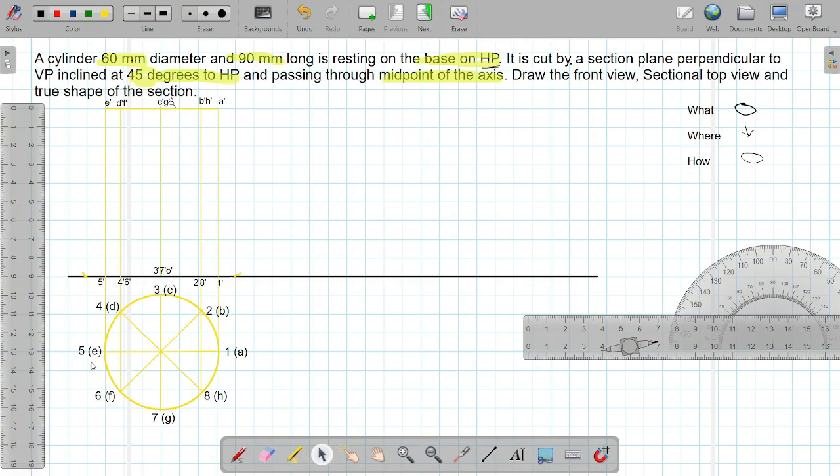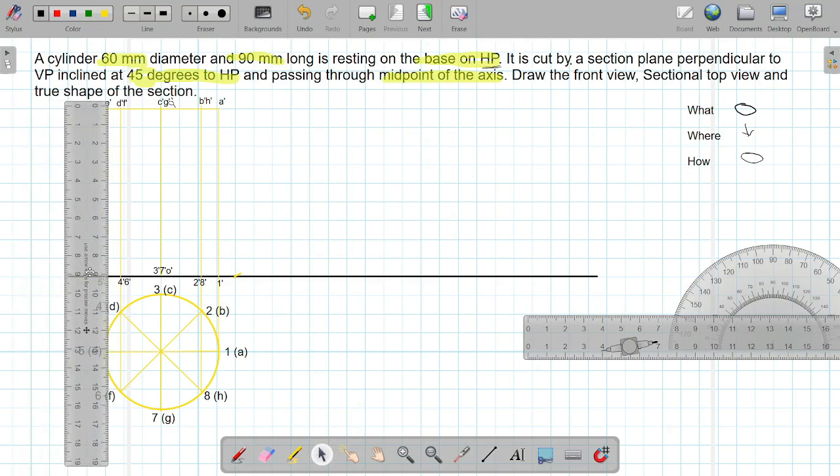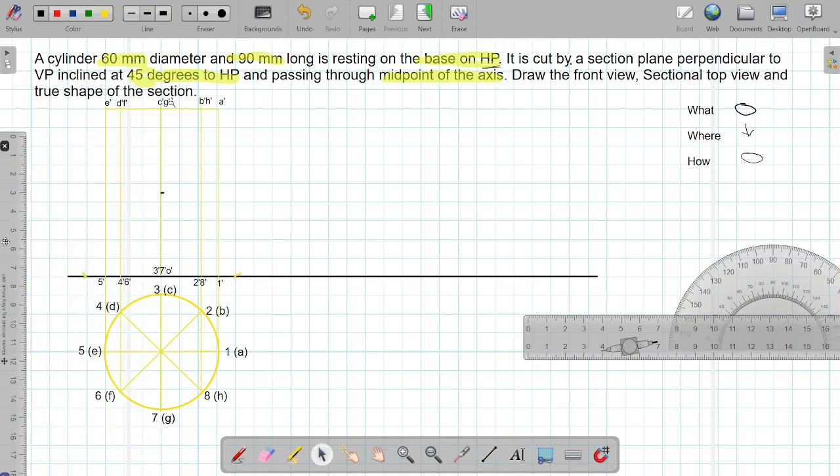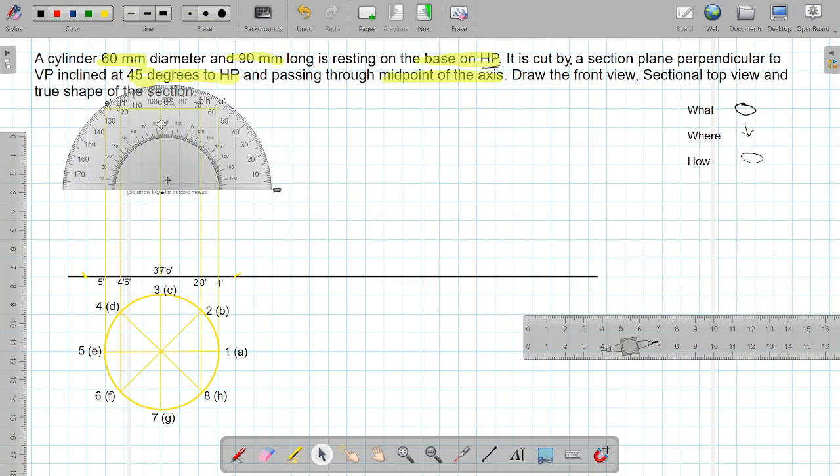So first I will measure 45 mm on the axis so that it will be the midpoint. I have marked 45 mm, and the plane is passing through this midpoint and is also inclined at 45 degrees. So I will measure 45 degrees from here.